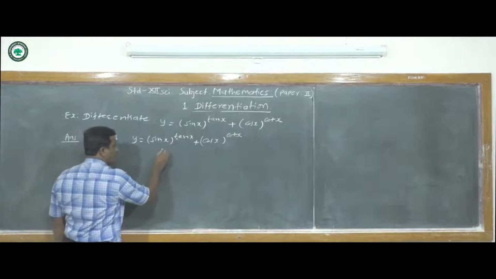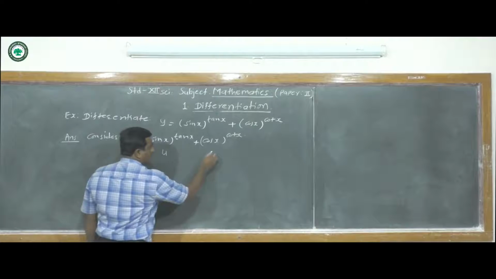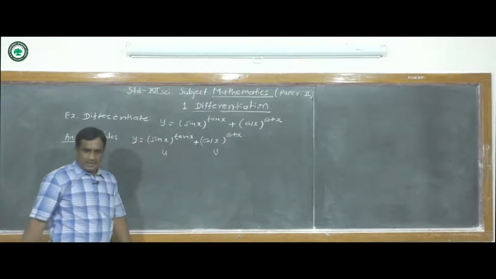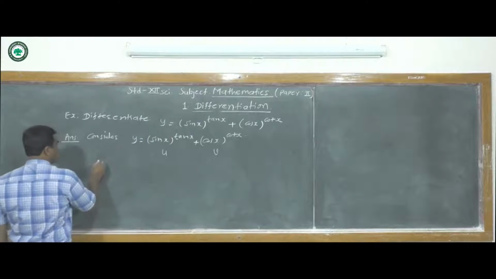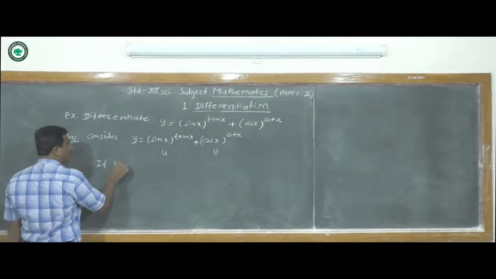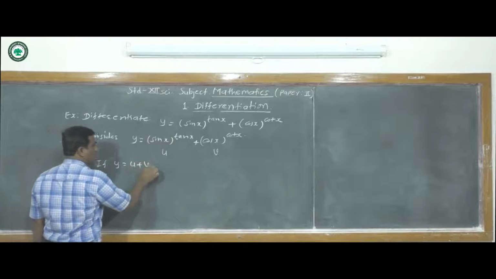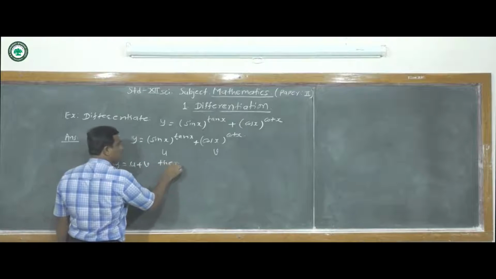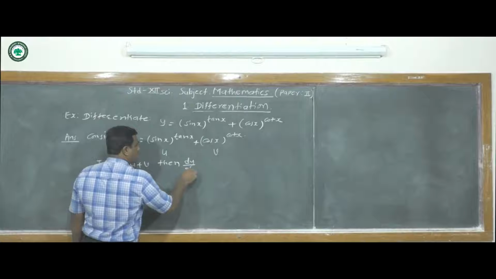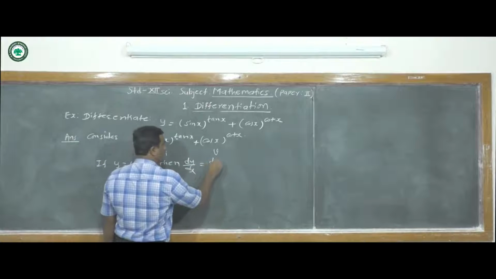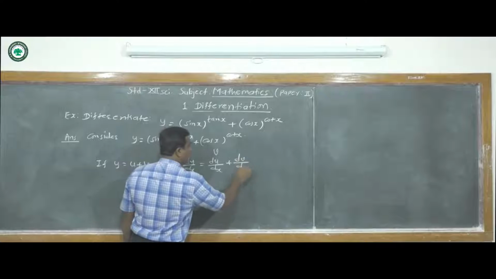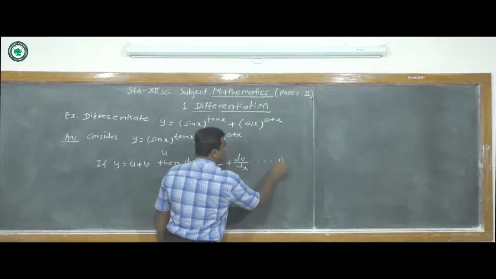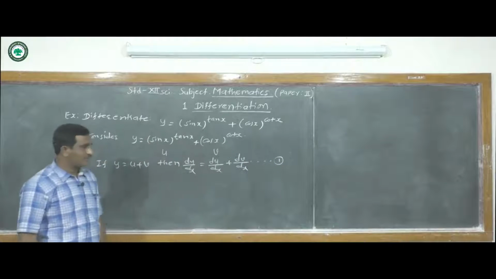Therefore suppose this first term as u and this second term as v, and we use here the addition rule. Addition rule is, if y is equal to u plus v, then dy by dx is equal to du by dx plus dv by dx. Say this as equation number first.